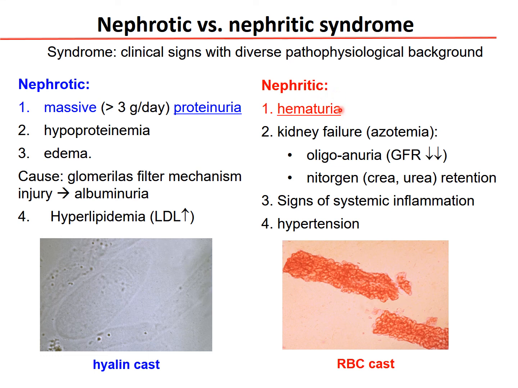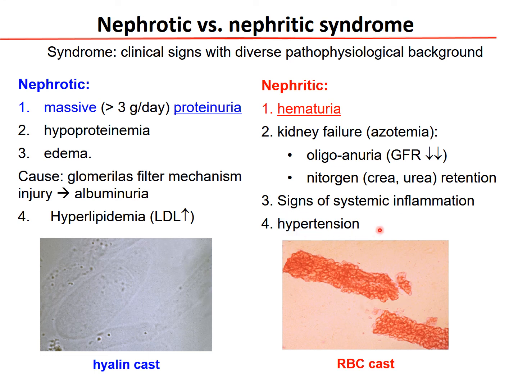In nephritic syndrome, the leading symptom is hematuria, mostly microscopic hematuria, and the red blood cells are dysmorphic, so their shape is altered. Another one, because the GFR is shutting down, kidney failure, azotemia occurs, oligoanuria, nitrogen retention, very high levels of serum creatinine and urea.